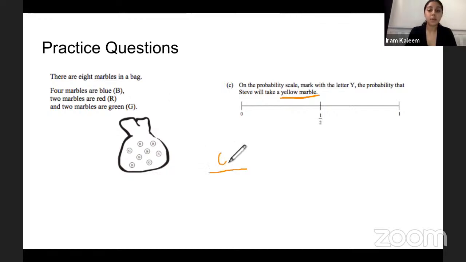So we put a 0 at the top, out of 8 possible outcomes. But regardless of what we have at the bottom, whenever you have 0 at the top, you get 0. So we mark this here. It's a probability of 0. The probability of picking a yellow marble. We can also say it's impossible to pick a yellow marble. So well done if you got that.